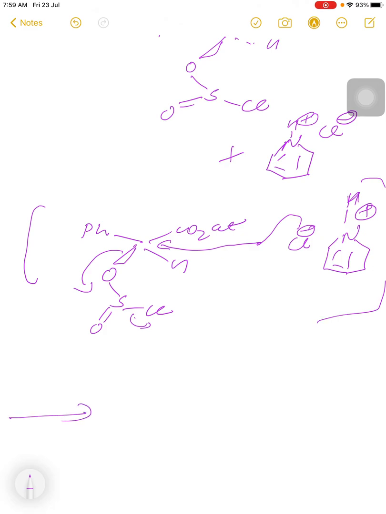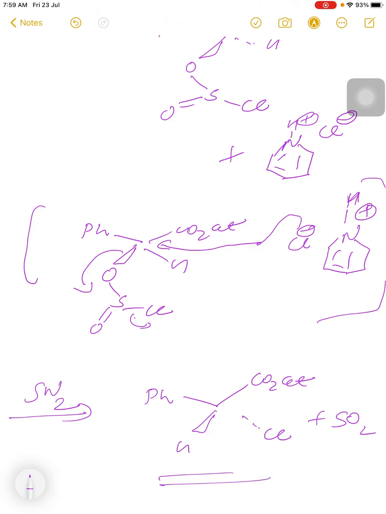Since it is attacking from the back side, we can call it an SN2 reaction. This will be the product.